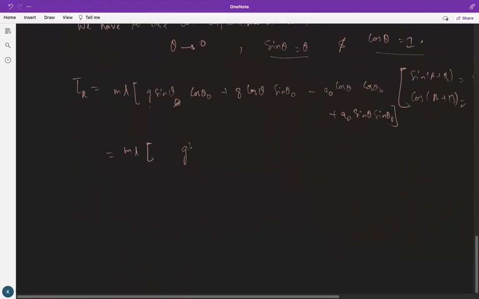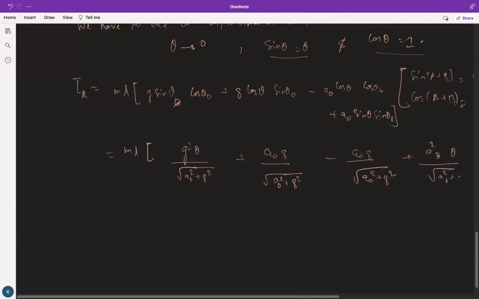So it is equal to g square theta by root under a naught square plus g square, plus a naught g by root under a naught square plus g square, minus a naught g by root under a naught square plus g square, plus a naught square theta by root under a naught square plus g square.